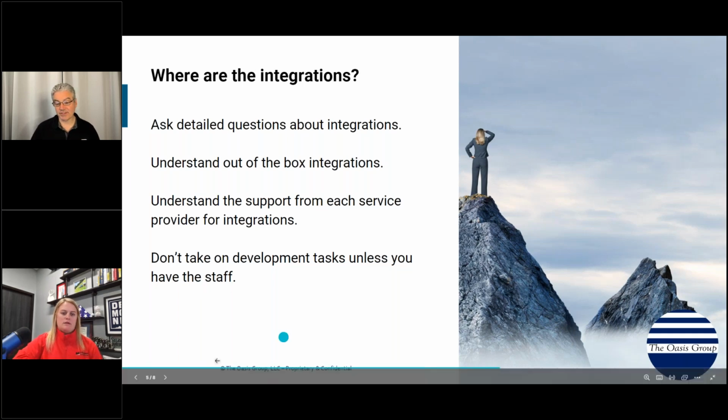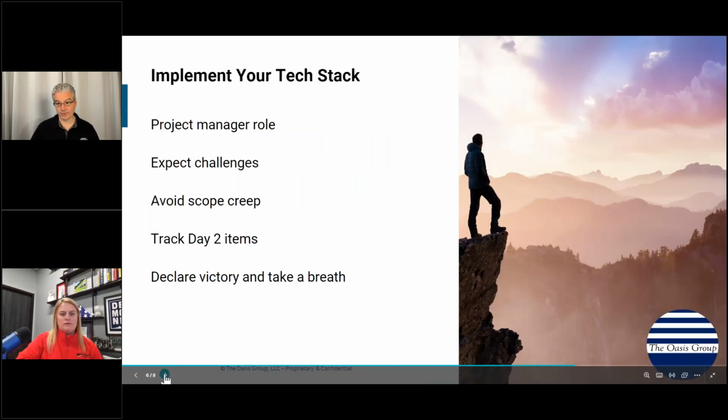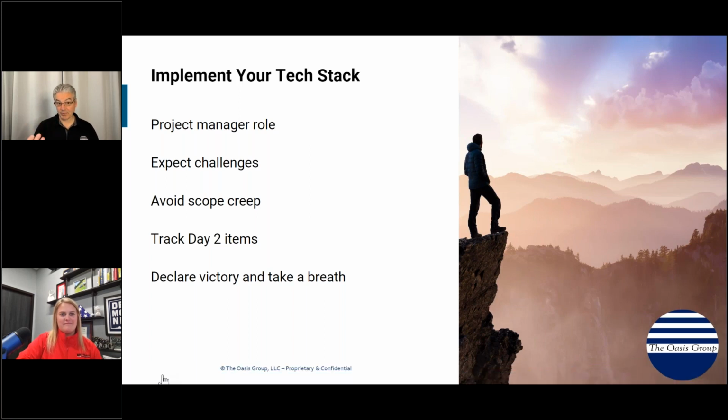You know, it's funny you mentioned it's technology, right? So one of the things that we say when you're going to implement your tech stack is expect challenges. Number one, you should have some sort of project manager that's going to be managing the implementation. Especially if you have multiple principals in the firm, they've got to be able to come to one person and ask, where are we on this project, right?